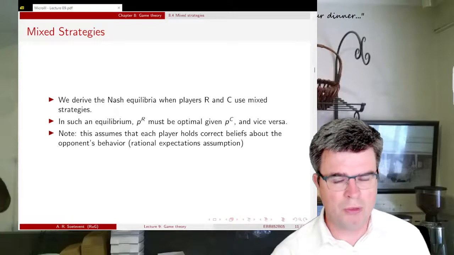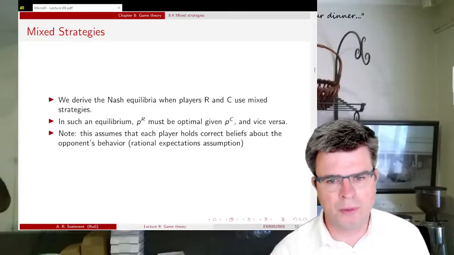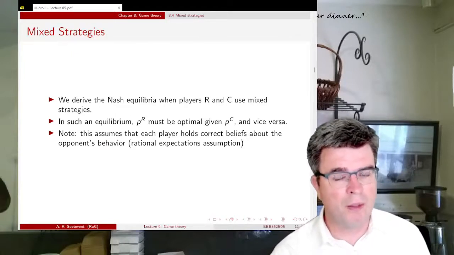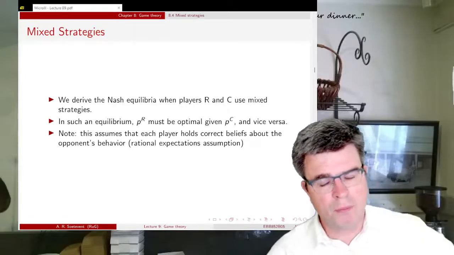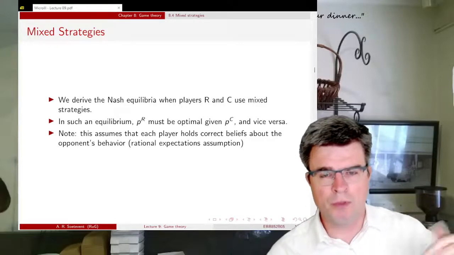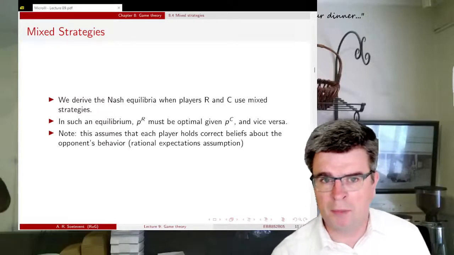So we impose a rational expectations assumption in order to close the model. So if the row player decides to play Italy with probability PR, then we assume that the column player has the correct belief that the row player will choose Italy with probability PR.